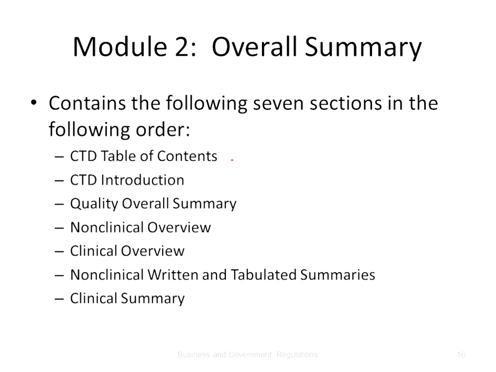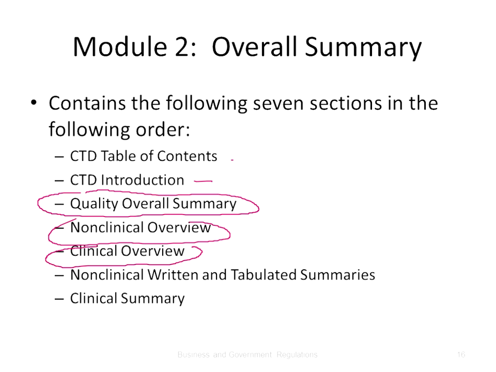You have table of contents, introduction, quality overall summary. So remember the 3 things: overview of non-clinical and clinical overview. And then you have non-clinical written and tabulated summaries and clinical summary. Okay. So these are the sections.